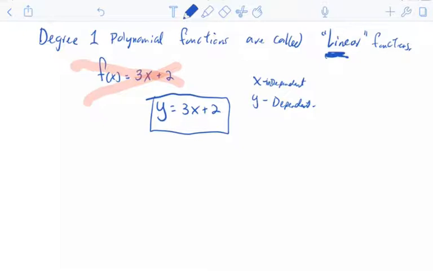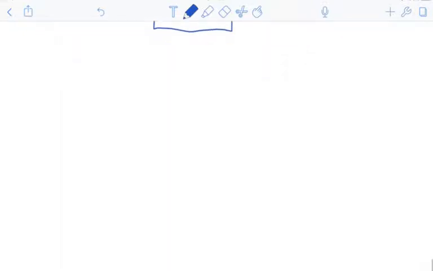Now, how do you tell linear polynomials, how do you tell linear functions apart? Well, it's not as easy as it might look. Consider the following examples.